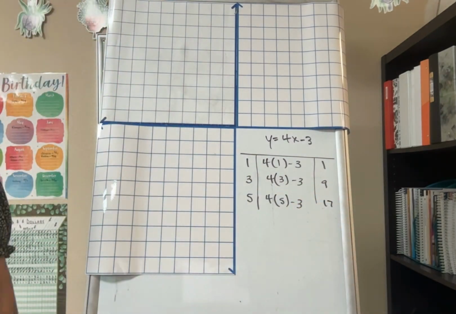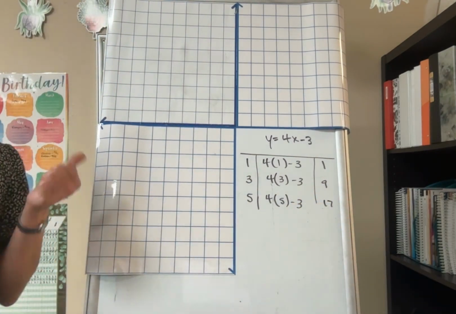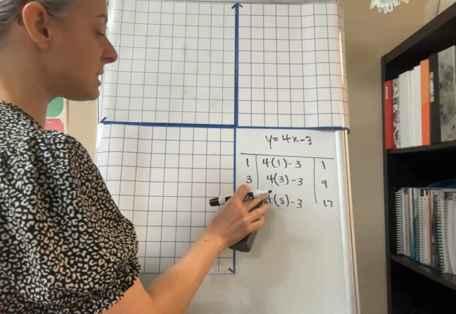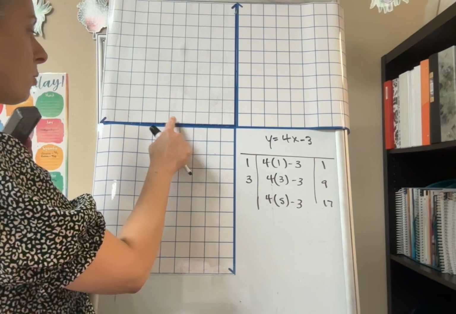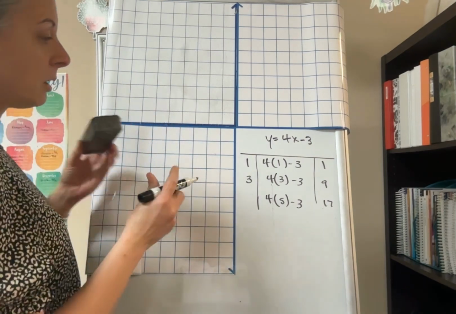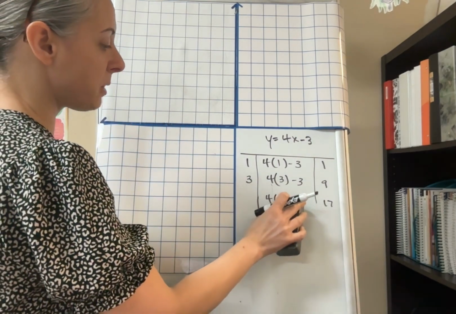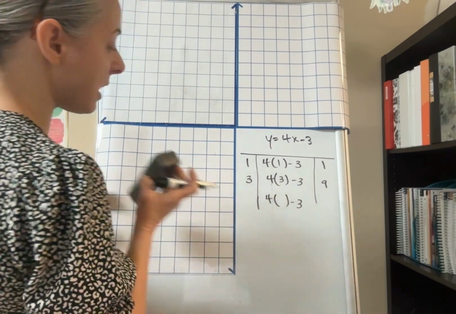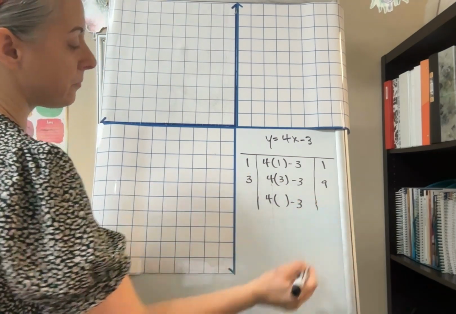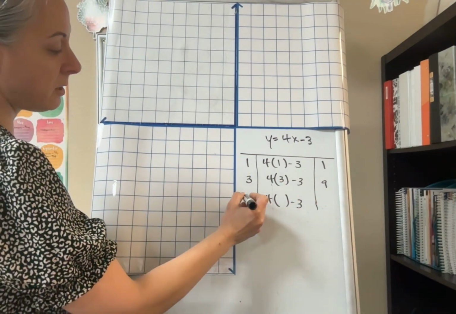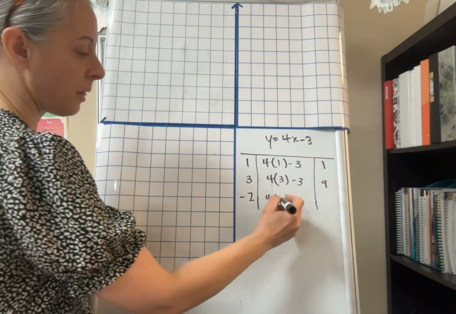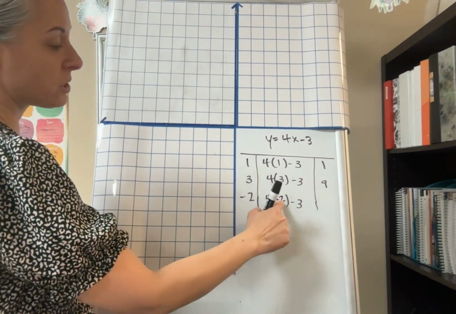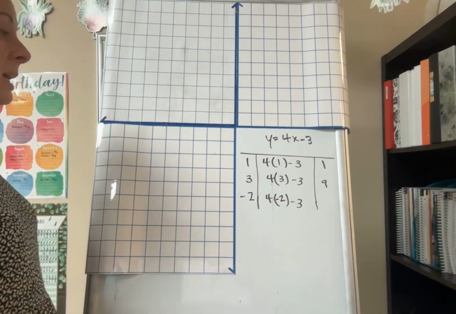I don't think I'm going to have 17 squares on my graph, am I? So let's replace the 5 with something smaller. I'm not even sure if I have 9. 1, 2, 3, 4, 5, 6, 7, 8, 9. Yeah, that goes right to the edge. Let's replace that with something smaller than 5. Let's try -2. Okay, so 4 times -2 makes -8.